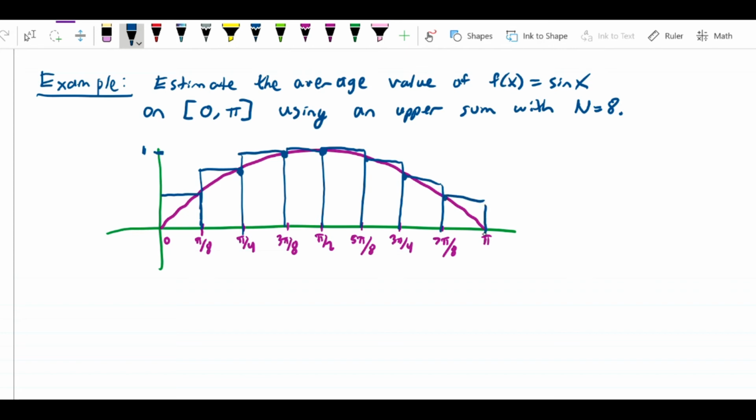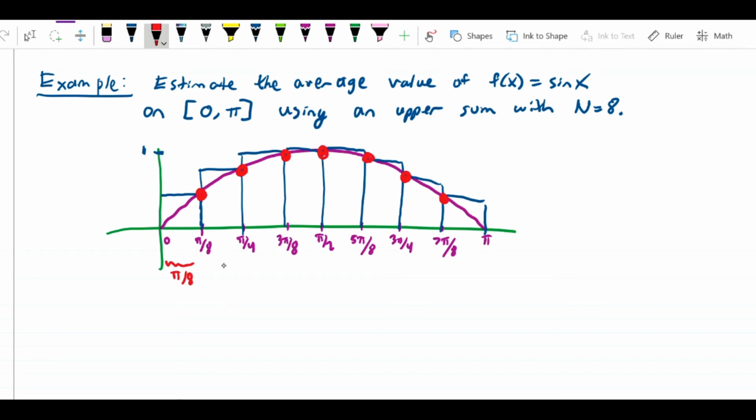So we can use those rectangles there, and let's just add up those rectangles. I'm just going to observe first that each rectangle has a width of pi over 8, and its height is just going to be the sine of whatever number we're using to stand in for the highest value.